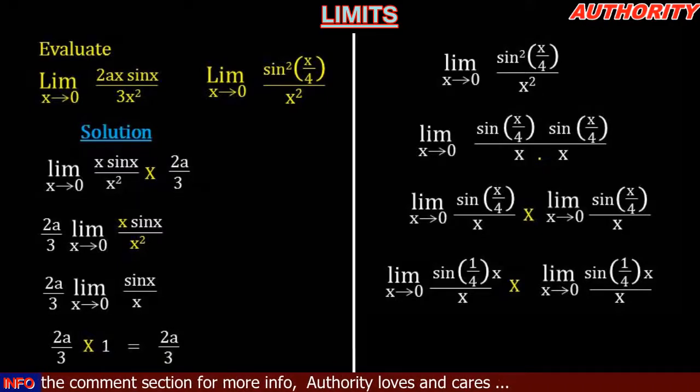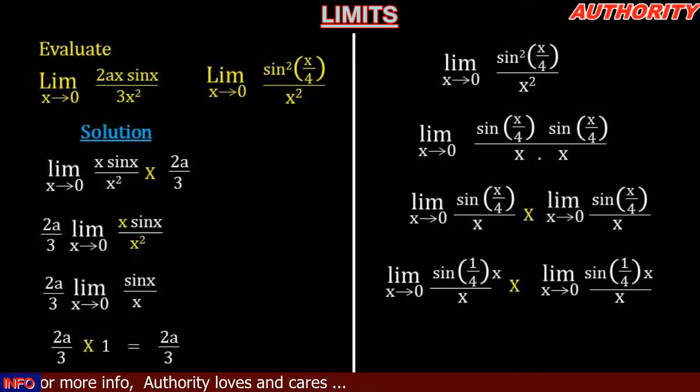So here we have limit as x approaches 0, sine of (1 over 4)x all over x, times limit as x approaches 0, sine of (1 over 4)x all over x. You get it, right? Good.